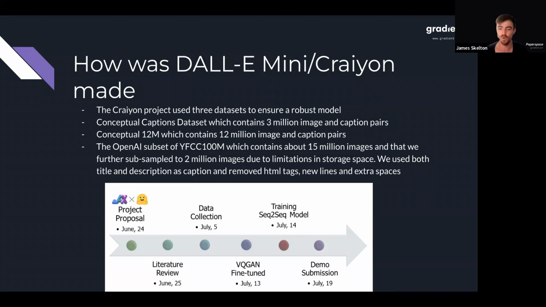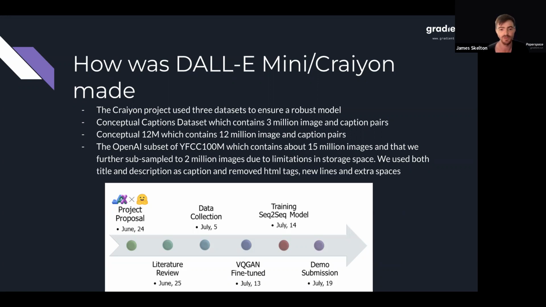So how was DALL-E Mini actually made? Well, the Craiyon project was, as I said, a collaboration between JAX's team, which is Google Cloud, and Hugging Face, and they used 3 datasets to ensure the most robust model possible.